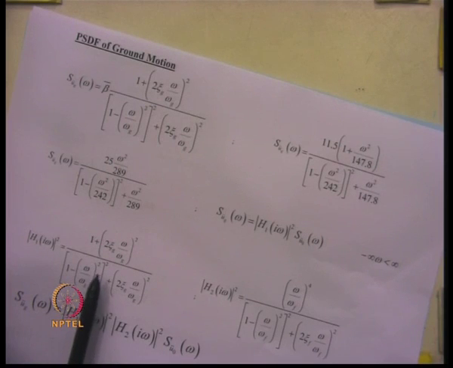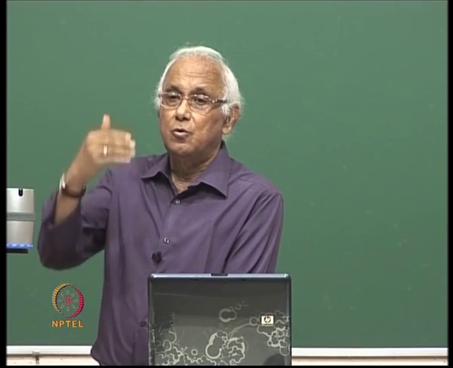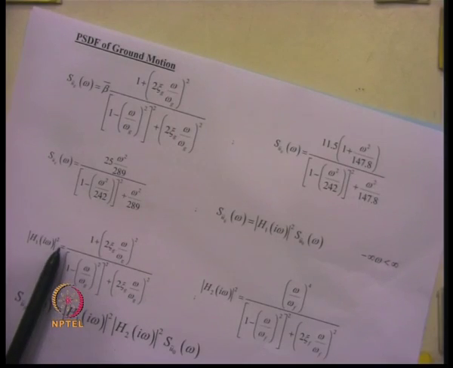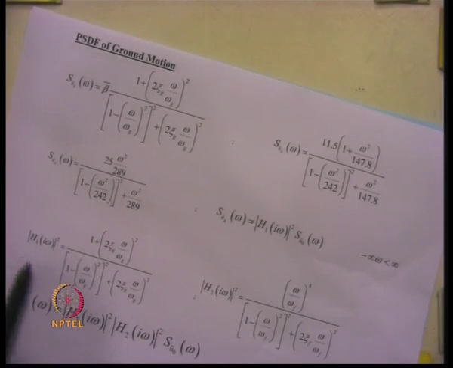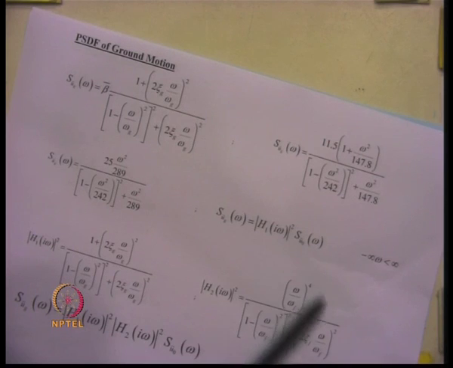Here the concept is that the power spectral density function that exists at the rock bed level gets filtered through two filtering media, and the square of the absolute value of the frequency response function are given by this equation and by this equation.